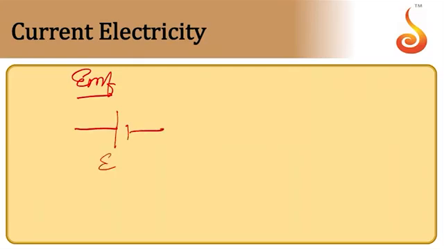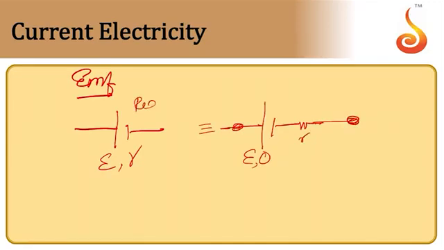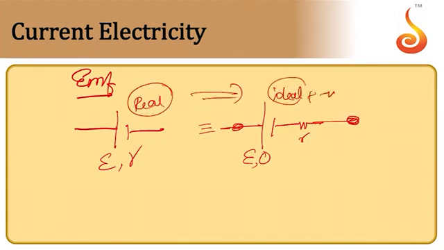This is represented by E. It also has some amount of finite internal resistance. This is as good as an ideal cell and a resistor connected across its terminals. So a real cell is equivalent to an ideal cell plus an internal resistor. It can be shown like this.